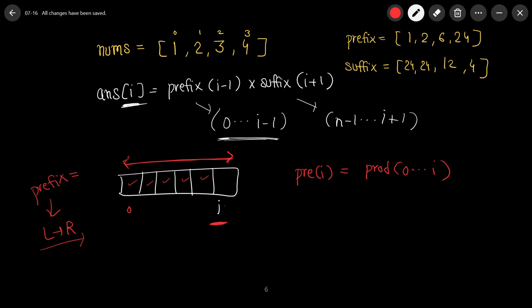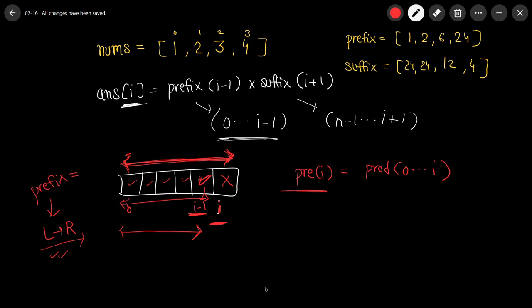So for prefix I, see, we need the product from here to here in prefix I. So this product, that is 0 to I product, can be easily determined if we have 0 to I minus 1 product and we just multiply this portion's product into this element. So what I'm saying is, if I want the 0 to I product, and I already have 0 to I minus 1 product, because we have come from left to right, so if we are here, we would already have the answer for this.